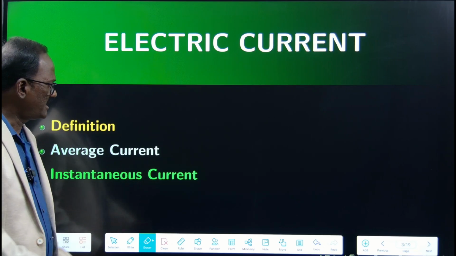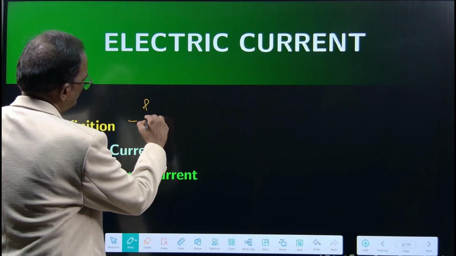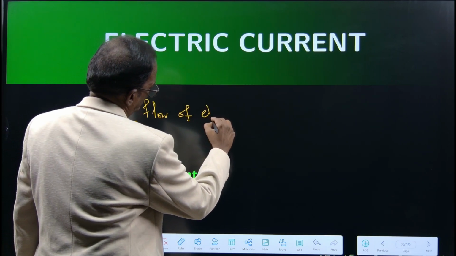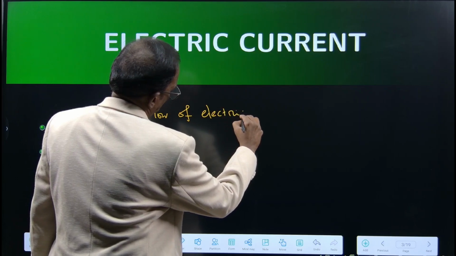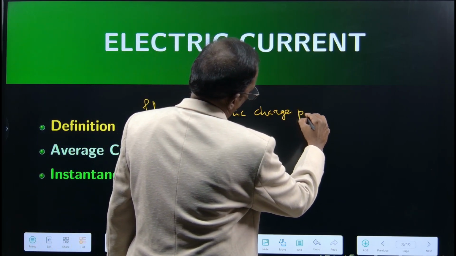Electric current is defined as simply the flow of electric charge per unit time.